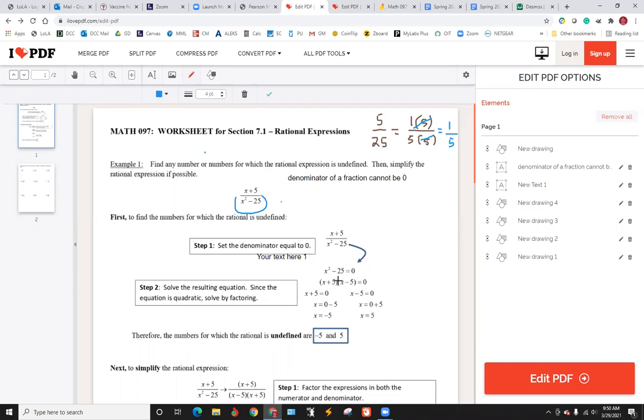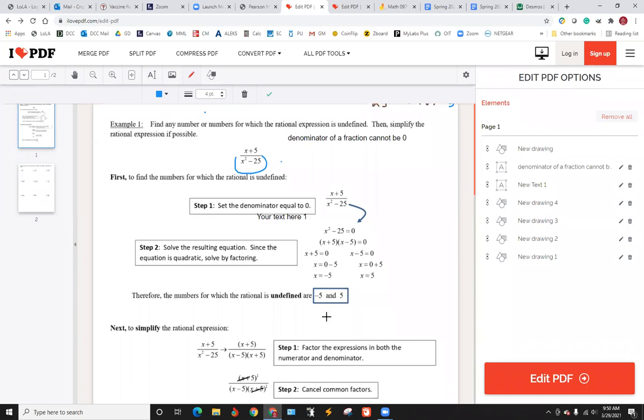If you factor x squared minus 25, you get x plus 5 times x minus 5. All right, so that means when you set each one of these equal to 0, you get x is equal to negative 5 and x is equal to 5. So therefore, if x is equal to 5 or x is equal to negative 5, we got a problem.